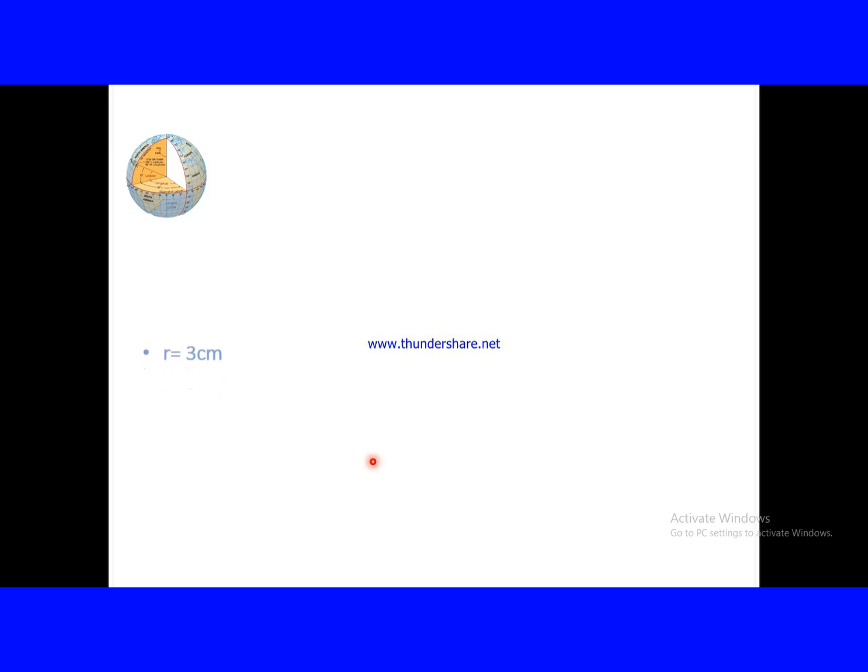Suppose the radius of this small globe is 3 centimeters. Now the radius is changed two times, so it becomes a 6 centimeter radius.